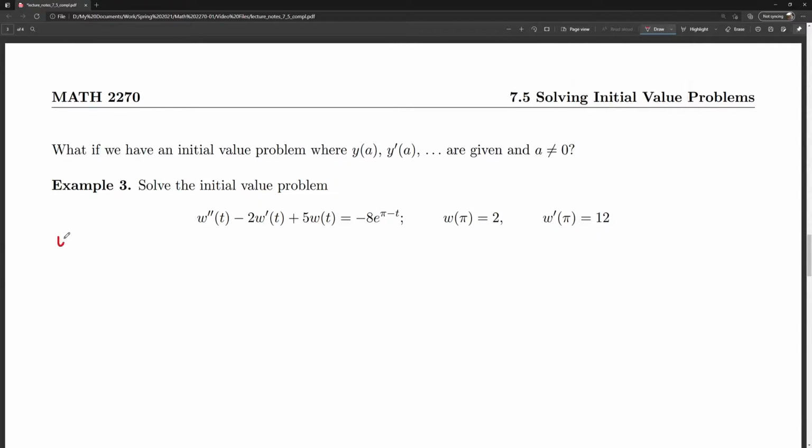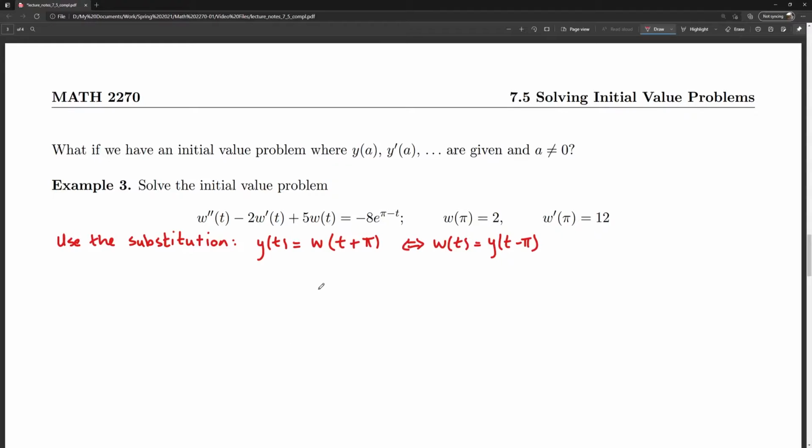So we're going to use the substitution y of t equals w of t plus pi, or equivalently, you could also say that w of t is y of t minus pi.